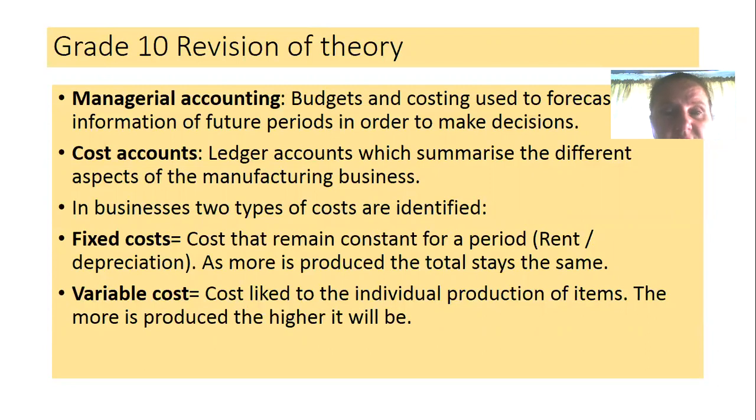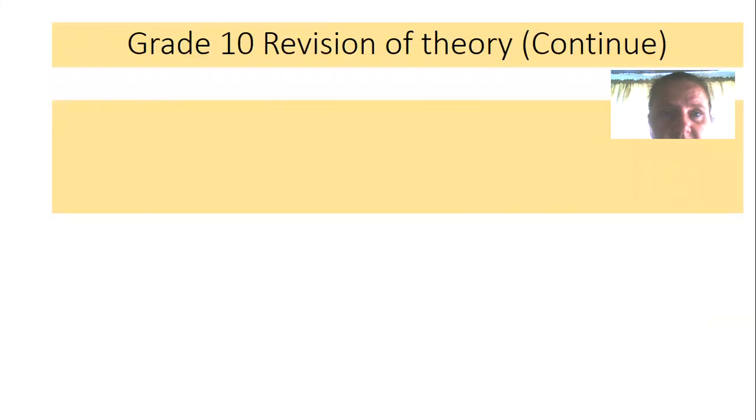Cost accounting is a summary of the different aspects within the manufacturing concern that lead to expenses. You get 2 types of costs: fixed costs and variable costs. Fixed costs stay the same for a specific period of time, normally a year, but can stay the same up to 5 years. Variable costs: the more I produce of an item, the higher this would be. Right, let's continue.